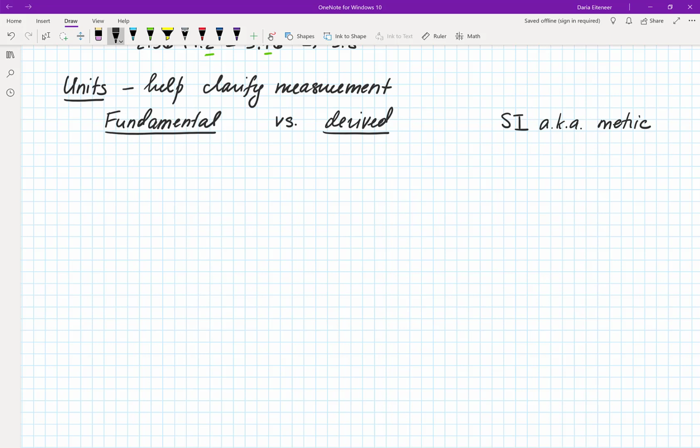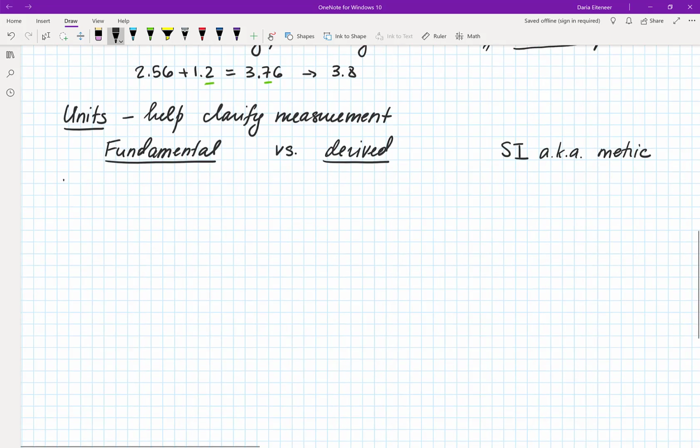As for fundamental units, those are not derived. Those just kind of exist by themselves, and then all the other units are based on these fundamental units. Some people say that there are, quote-unquote, 7 fundamental units. I'm putting 7 in quotation marks because some people say that there are actually 8.